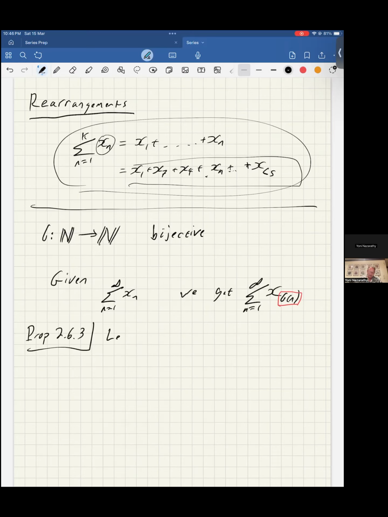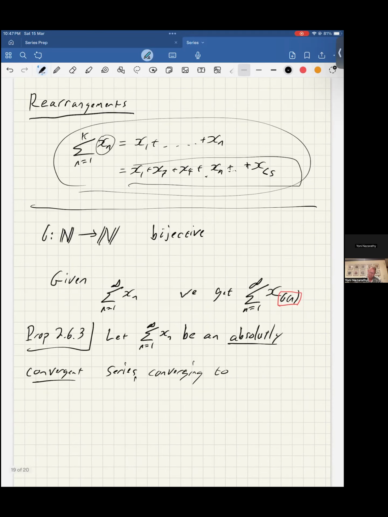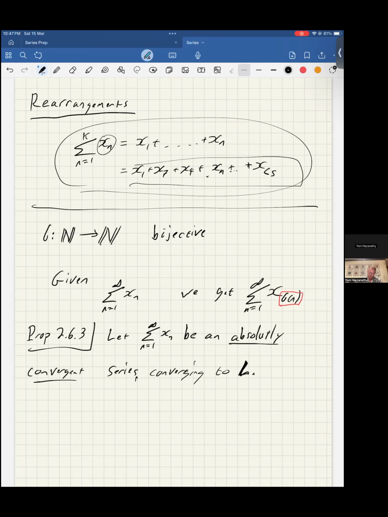Let the sum n going 1 to infinity of xn be an absolutely convergent series, converging to L. L is the sum of the series.